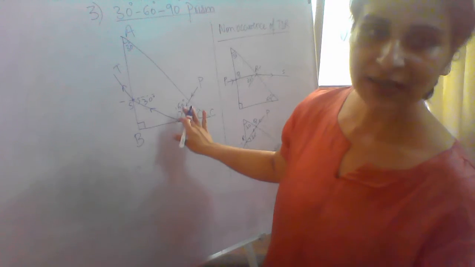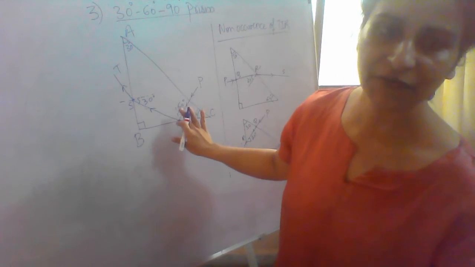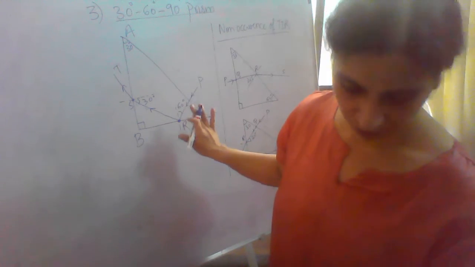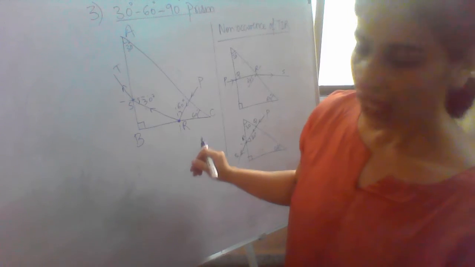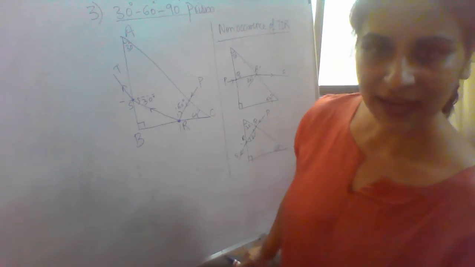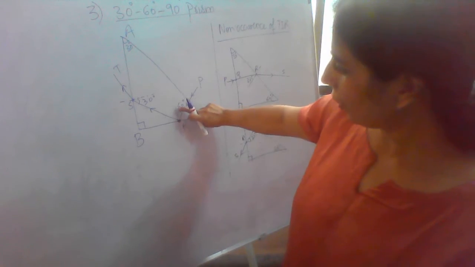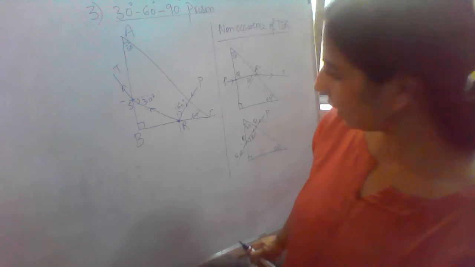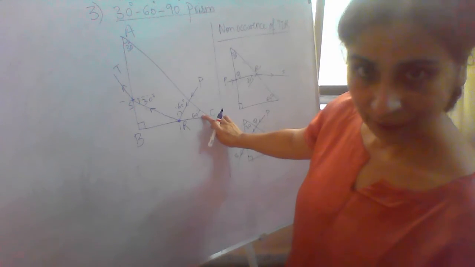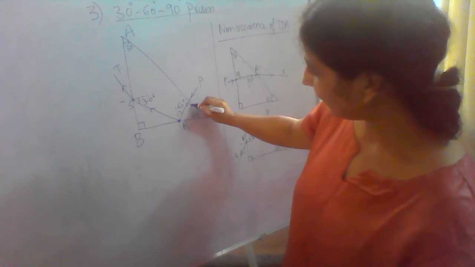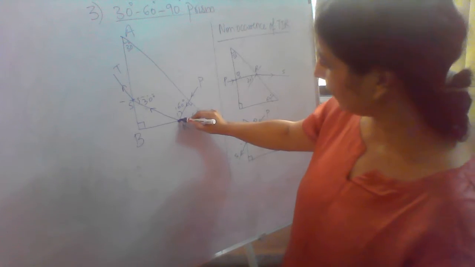Now this figure resembles figure 4.53 on page number 97. When it strikes R, we are going to draw a perpendicular here. Now this is 60 degrees and this is 90 degrees, so think of this triangle.